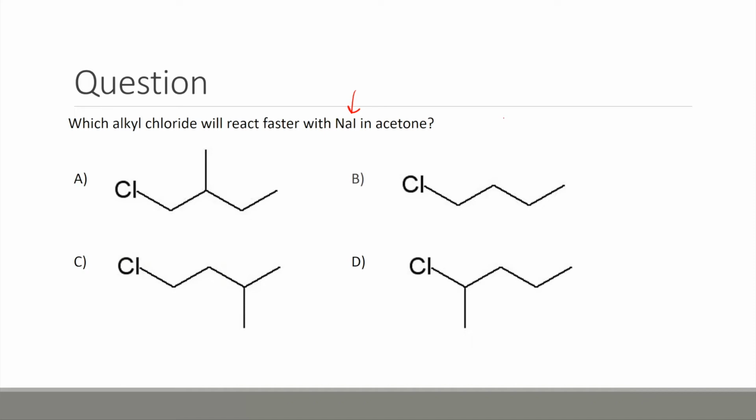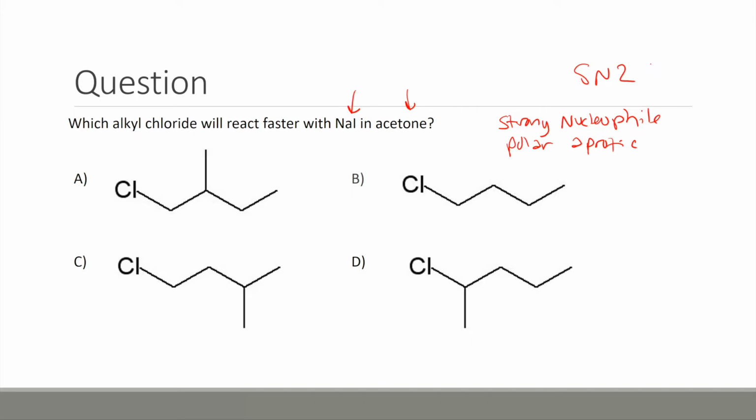So first of all, we have a strong nucleophile. And second of all, our solvent is acetone, which is polar aprotic. These are signs that you're doing an SN2 reaction. In an SN2 reaction, what kind of electrophile do we want?